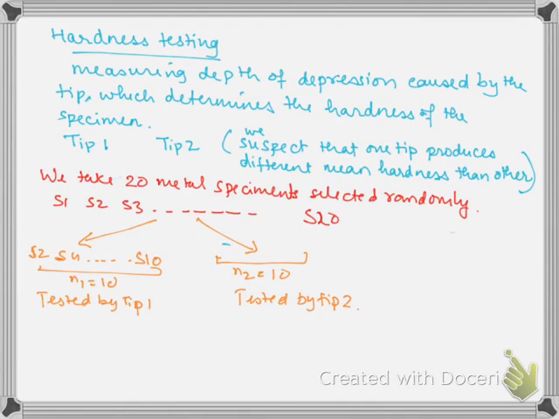The average hardness of the two samples could be compared by using a t-test, the general t-test for difference in means. So you're going to get tip 1 and tip 2.